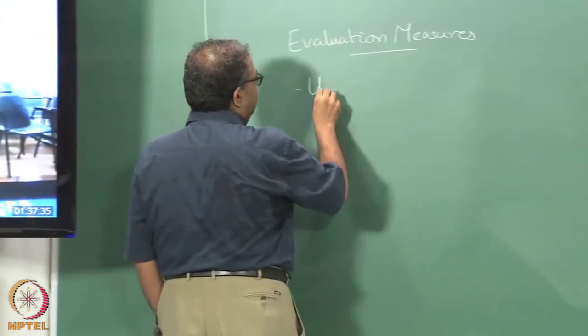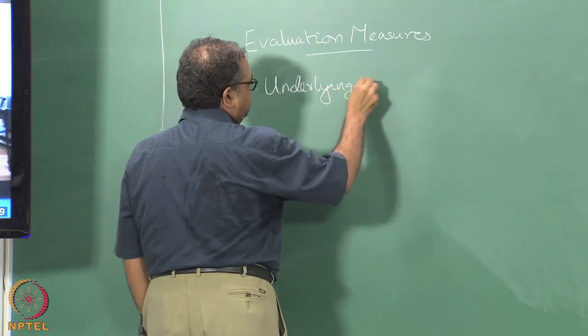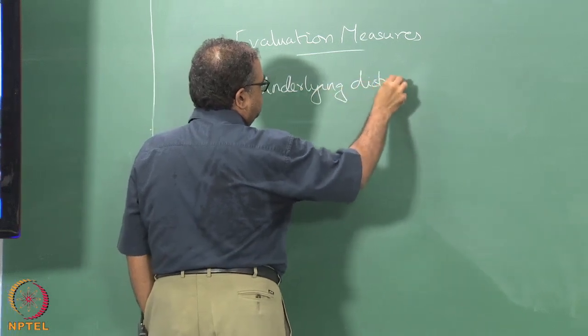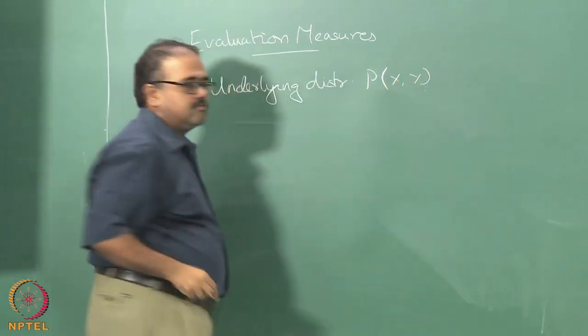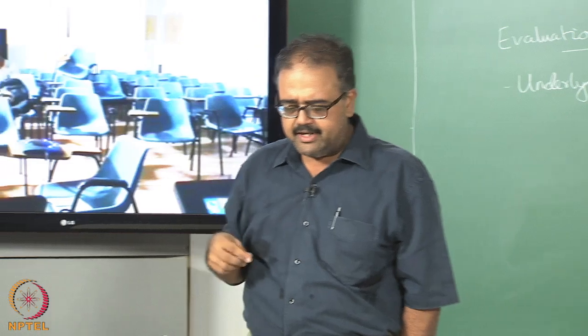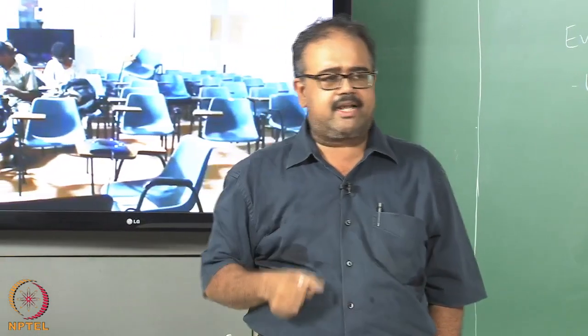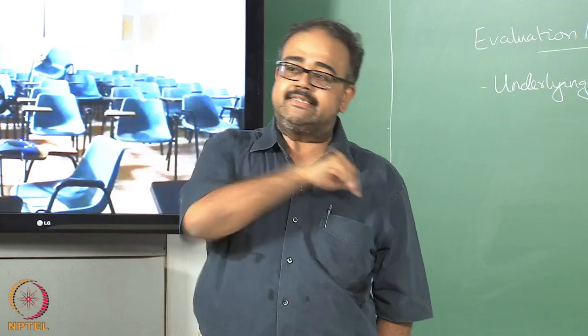So, there is an underlying distribution. What I am really interested in is finding out, when you give me a classifier, how well it is performing with respect to this distribution.